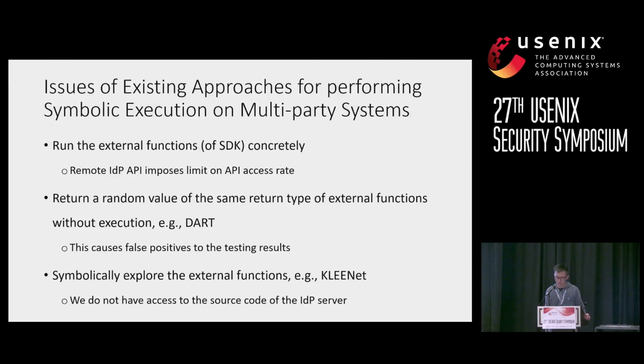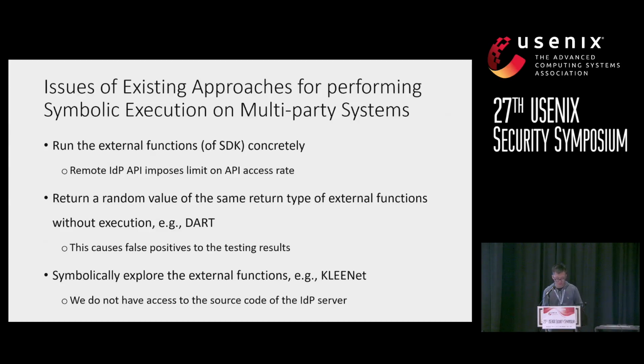Existing approaches also have some issues and cannot address our challenges. The first option is to run the external functions of the SDK concretely. However, we can only make limited API calls to the IDP server because it imposes a limit on API access rate. Therefore, this cannot correctly generate nonce parameters.